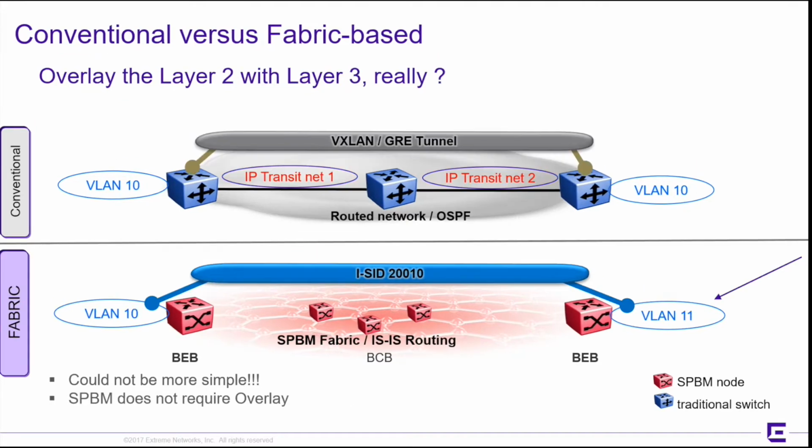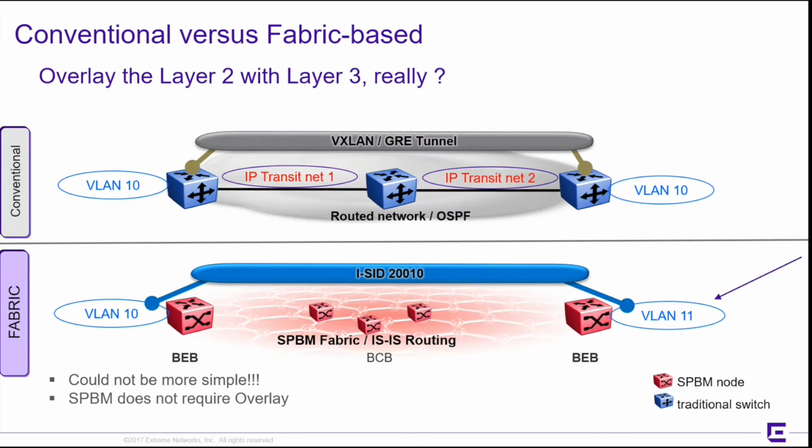Moving on, once again for further review from last week, there are ways to tunnel that VLAN so you do get it across, but it's going to ride on top of IP. The conventional way out there today, you're going to use either VXLAN or a GRE tunnel. It's going to be based upon some routing protocol, so you can assign those VLANs at the very edges, but there's a lot of complexity in the middle where we have to worry about routing.